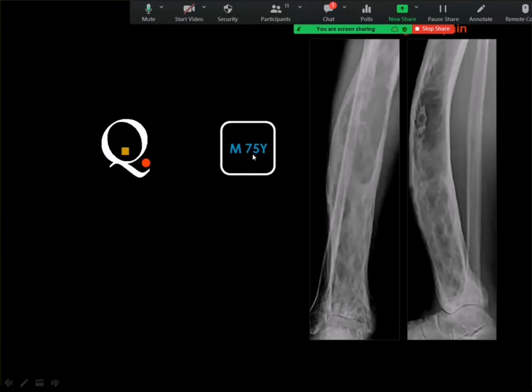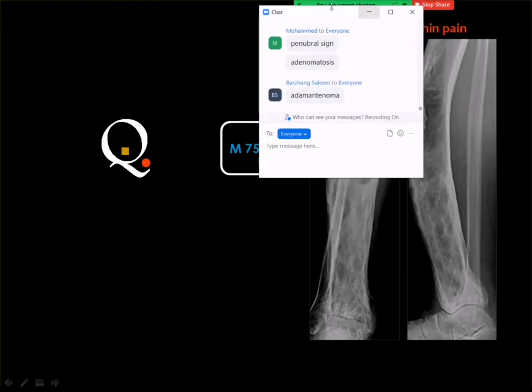Next case, male, 75 years old, and this is the tibia. Adamantinoma, yes. Two lesions can produce this appearance in the tibia. One of them is adamantinoma, and the second one, not the fibrous dysplasia, of course. But what do you think?